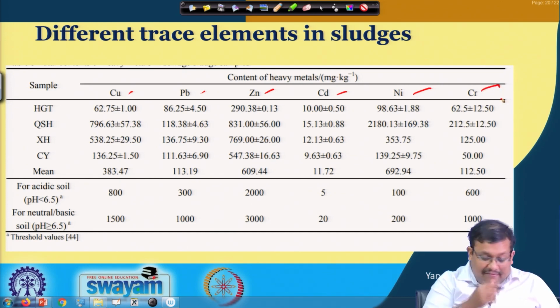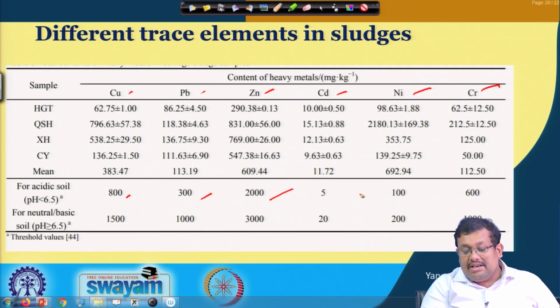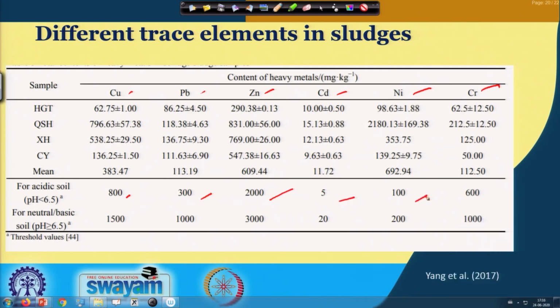For acidic soil, these are the threshold values, that means the permissible values: 800 ppm for copper, 300 ppm for lead, 2000 ppm for zinc, 5 ppm for cadmium, 100 ppm for nickel and 600 ppm for chromium. For neutral and basic soil, the corresponding values are 1500 ppm for copper, 1000 ppm for lead, 3000 ppm for zinc, 20 ppm for cadmium, 200 ppm for nickel, and 1000 ppm for chromium.